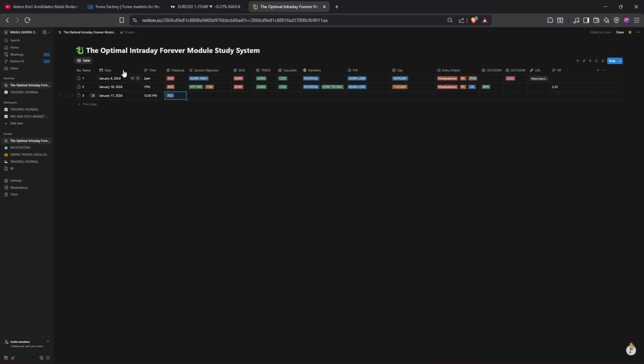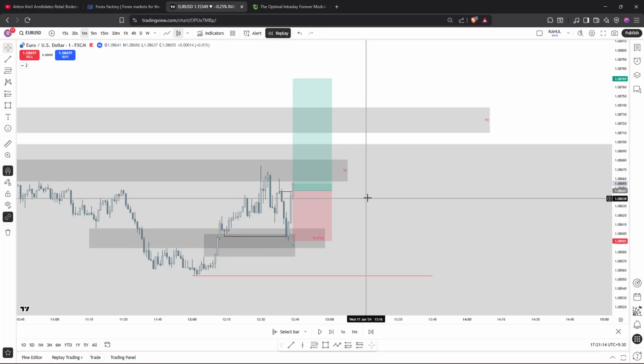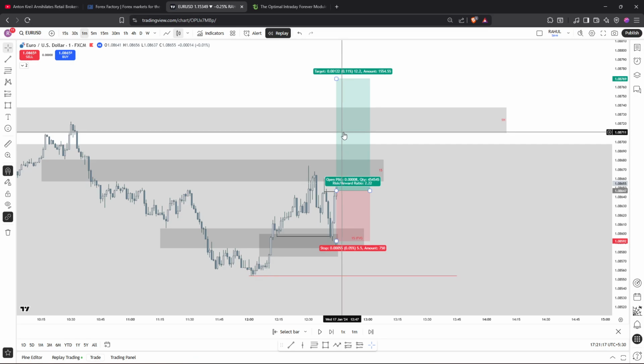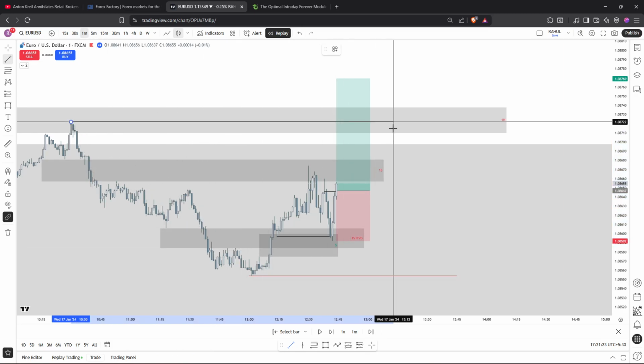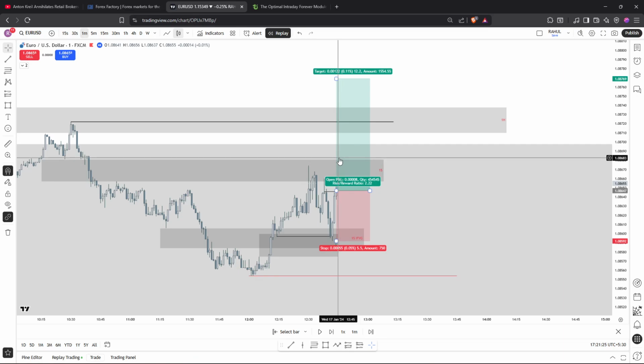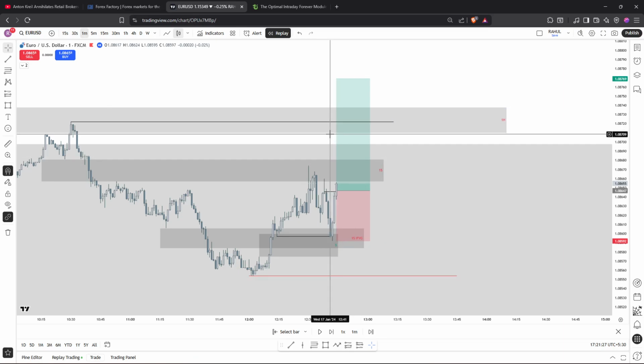We traded into the POI, the 15-minute IFVG. Session objective was the 1 hour. This is my break-even point, so this will be the session objective. My break-even point is here. The trade does go there.